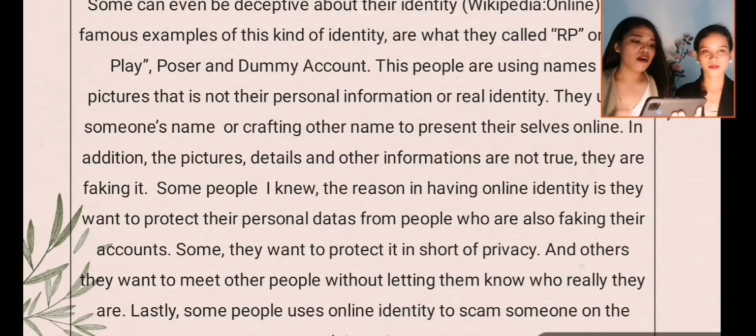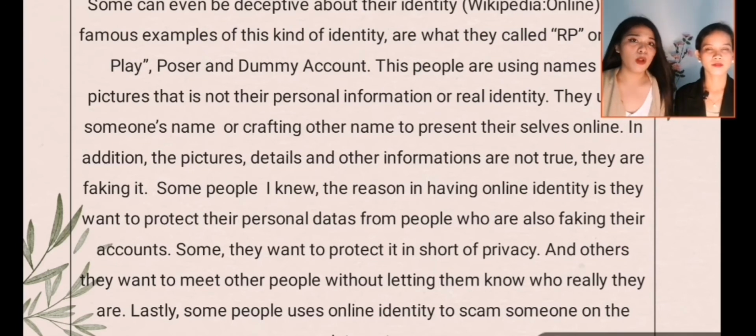These people are using names or pictures that are not their personal information or identity. They are using someone's name or crafting another name to present themselves online. In addition, the pictures, details, and other information are not true. So they are faking it.